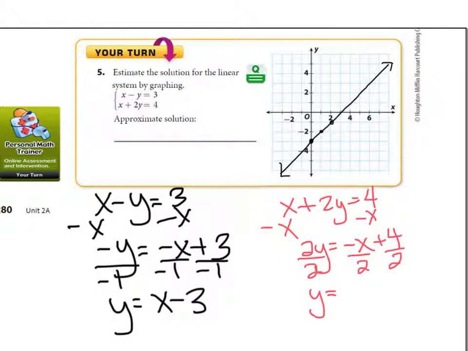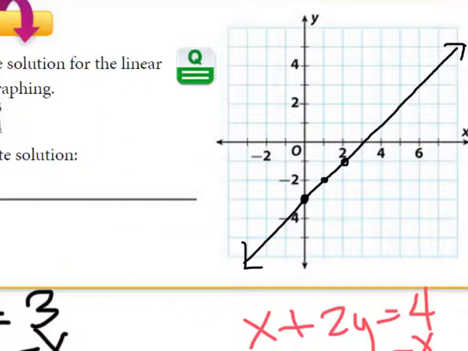Now, some of you got thrown off when we ran into negative x or just an x over 2. But remember, you can always insert an invisible 1 there. So we have negative 1/2 x and then plus 2. So this one we start at positive 2. And we go down 1 to the right 2, down 1 to the right 2. And again, making it as straight of a line as possible.